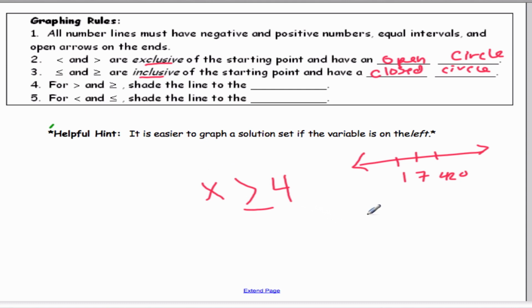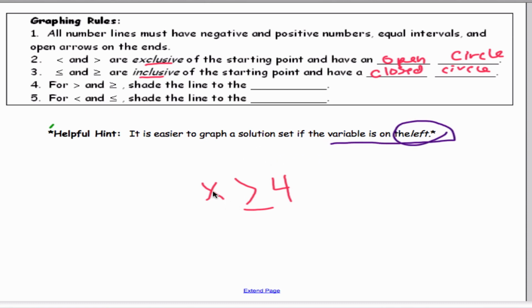But like we said before, because we have more than just one point that's being included, we want all the values which are greater than or equal to 4. We have to think about which way on the number line we would be including. If you have your variable set up on the left, like we have here, the x is written on the left, then we can kind of think of these little shortcuts. If this little arrowhead appears to be pointing towards the right, so a greater than symbol or a greater than or equal to symbol, then we're also going to shade the line to the right of the value that's in the inequality.